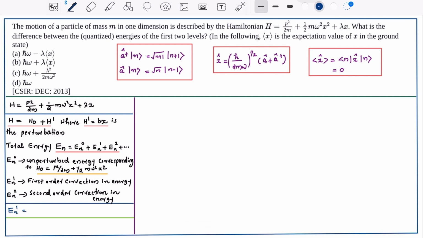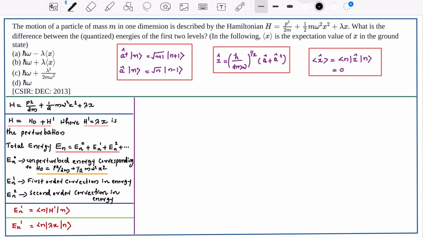The formula is En1 equal to <n|H dash|n>, where H dash is the perturbation. We can write En1 equal to <n|lambda x|n>, because H dash is equal to lambda x, the perturbation.